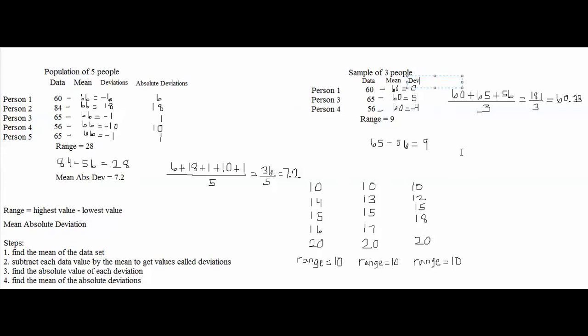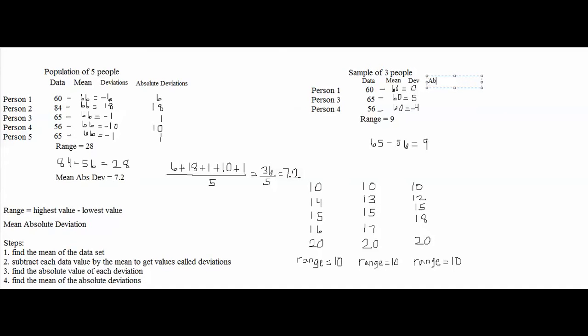I'll just write DEV. That finishes step 2. Now we need to do step 3, which is finding the absolute value of each deviation.